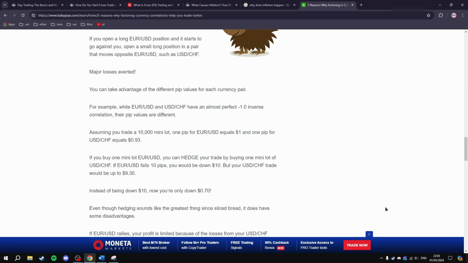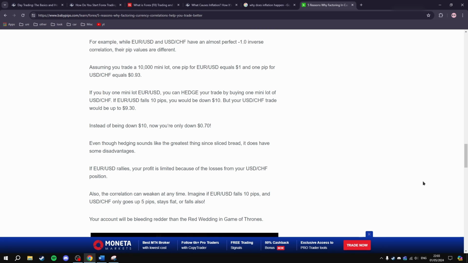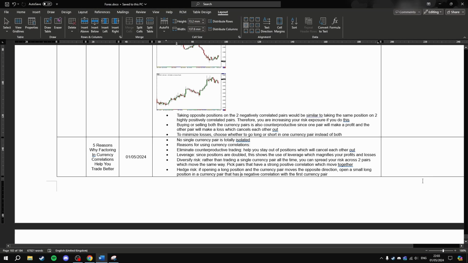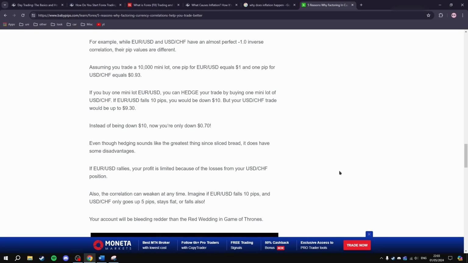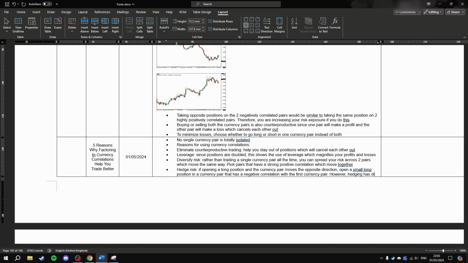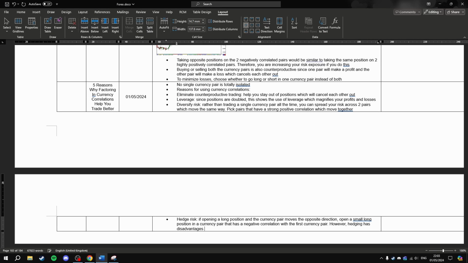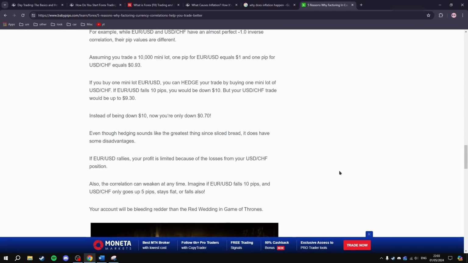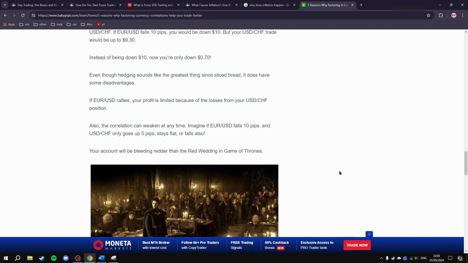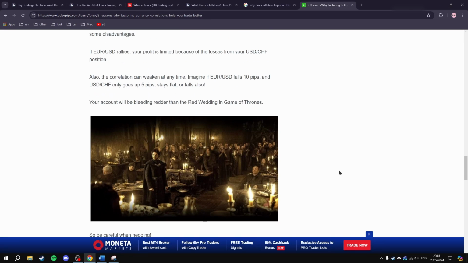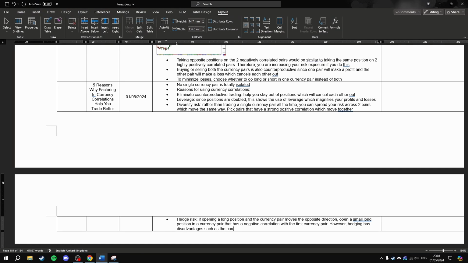However, hedging has disadvantages such as: if Euro USD rallies, your profit is limited because of the losses from your USD CHF position. The correlation can weaken at any time.